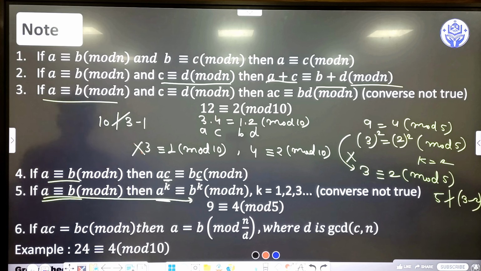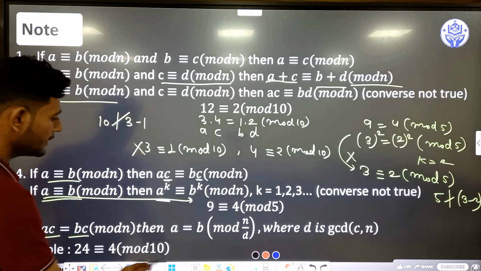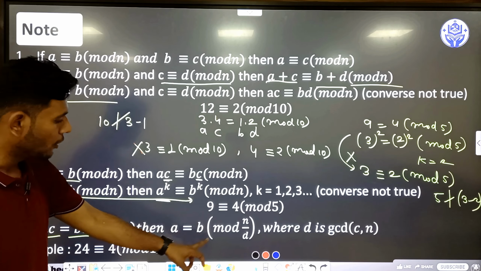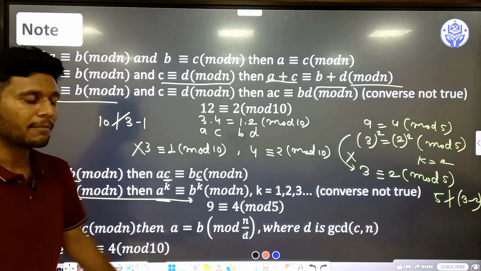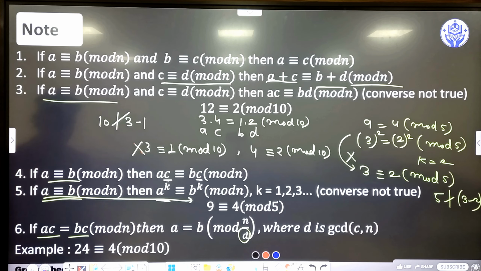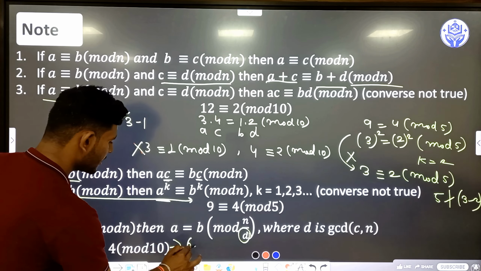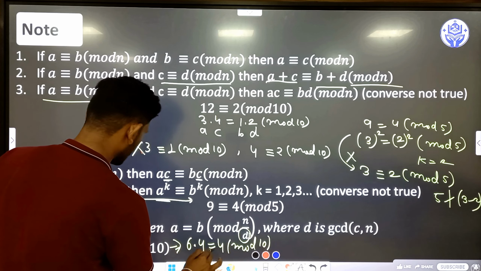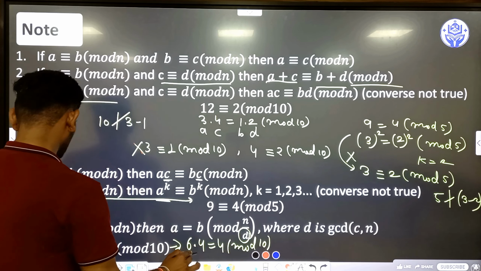Now next, if we have something like this, A into C is congruent to B into C mod n, then A is congruent to B mod n divided by D, where D is nothing but the GCD of C and n. Whatever the example here, see, it is what? 24 is 6 into 4, which is equal to 4 mod 10, or 1 into 4.